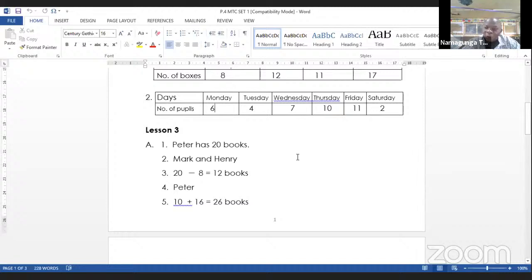It's simply to answer questions about a bar graph. Now, number 1, the bar graph shows books of each of the following pupils as shown below. You have them on your questions.